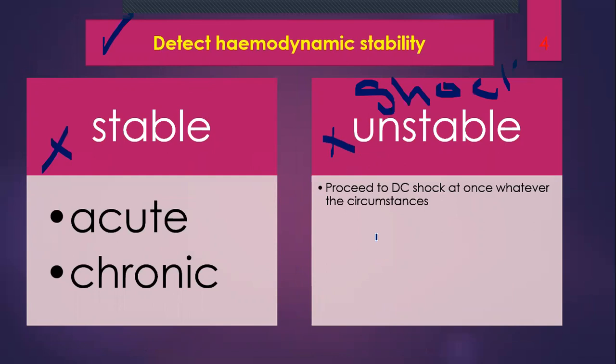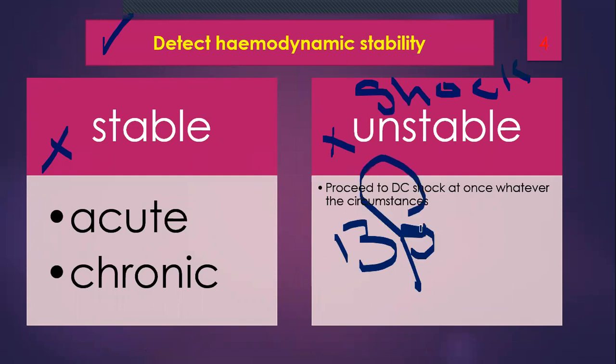It means blood pressure is low, hypotension leading to hypoperfusion. So you have no choice here, because the patient is already dying. If I leave him untreated, he's gonna die. So maybe he has a thrombus, but the possibility to live longer with DC shock is higher. So we're gonna give him DC shock, whatever the circumstances.